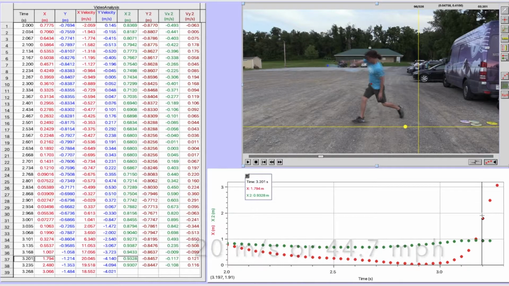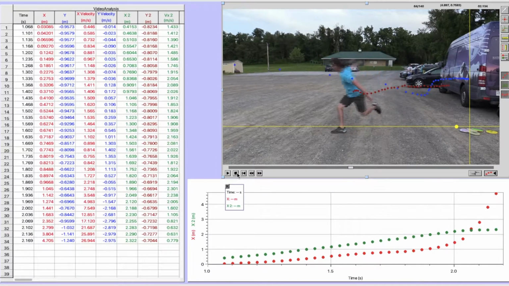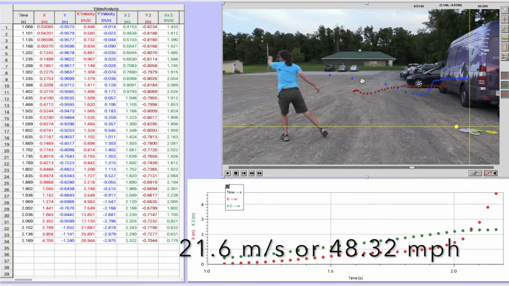Now let's take a look at what happens when we add a run-up to the shot. In this shot, we can clearly see the thrower initiates his run-up, cocks back the disc, pulls through and releases with a velocity of 21.6 meters per second.